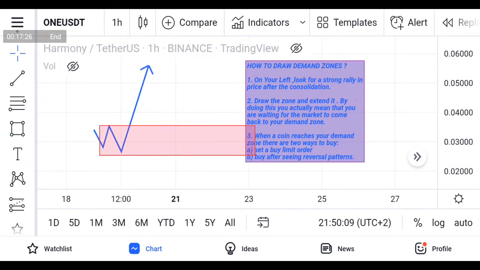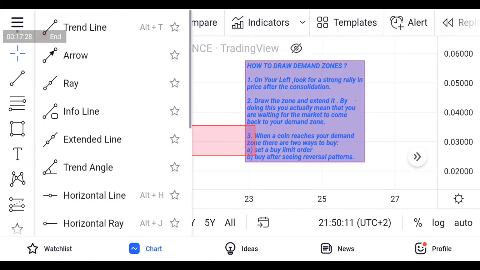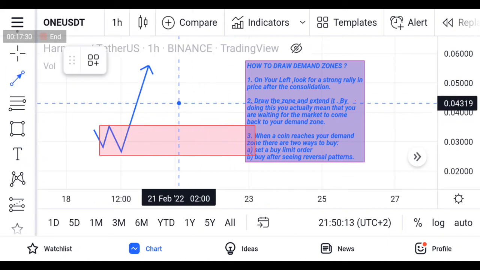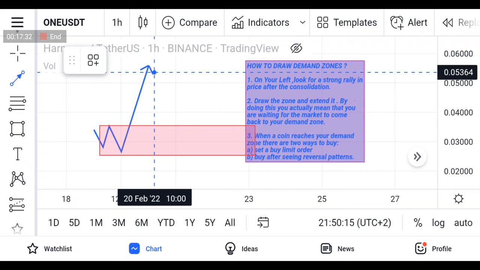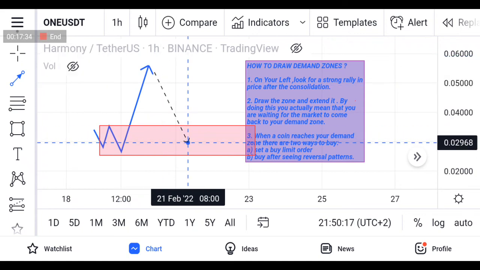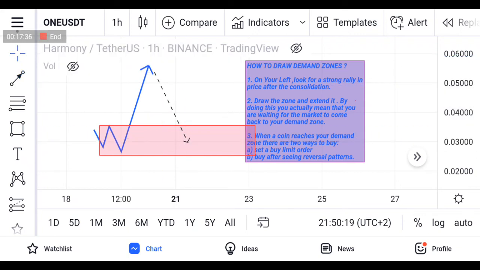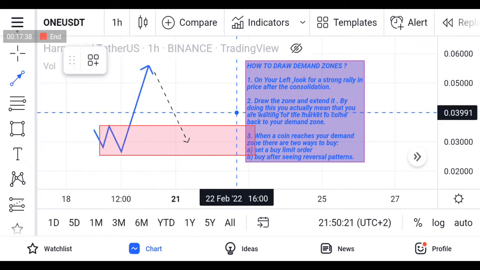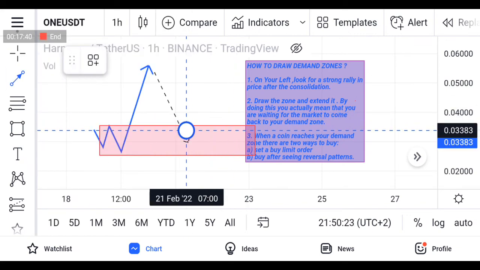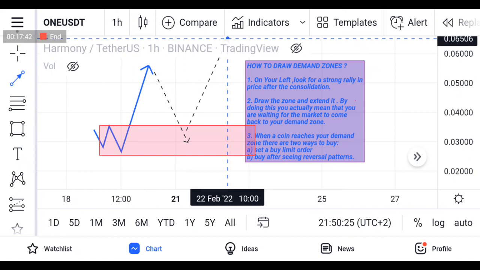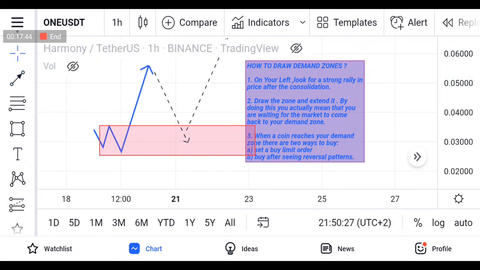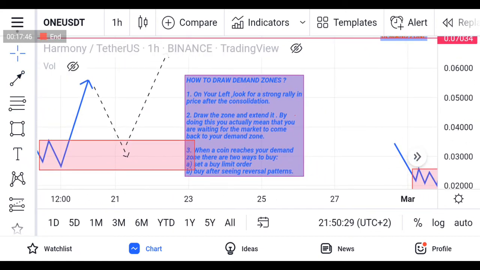Meaning you're expecting this coin to come back to your zone, then you take your buy signal, then you expect this coin to start shooting up.